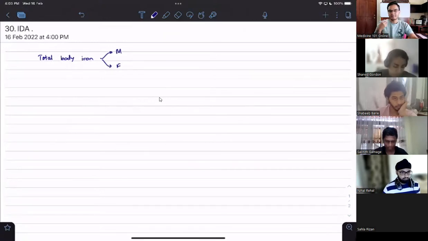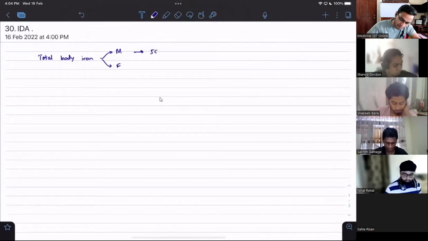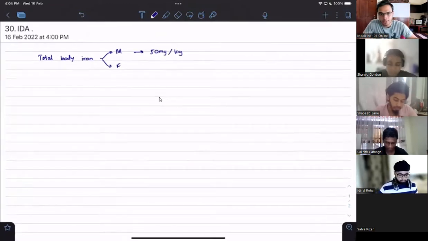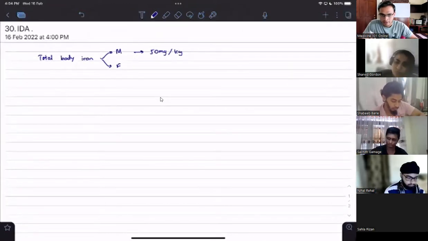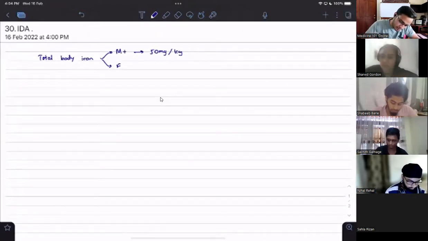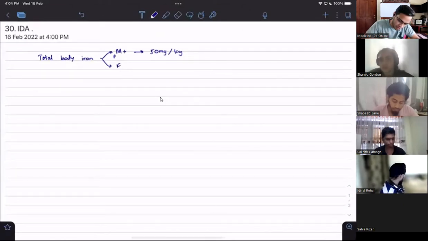In a male, they have about 50 milligrams of iron per kilogram of body weight. Okay, this is males, and you can write, guys, males plus postmenopausal females.